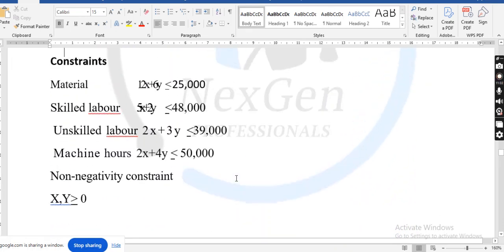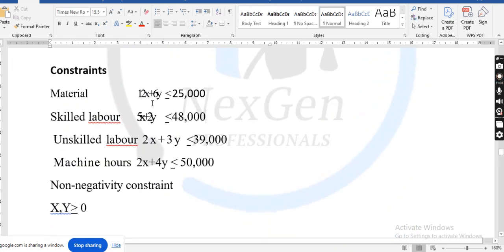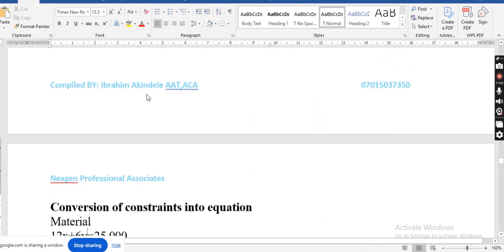So let's quickly go back to the constraints. This should be 2. This should be y, which is 1, right? So it's not that we can't write 1y. Y represents 1.